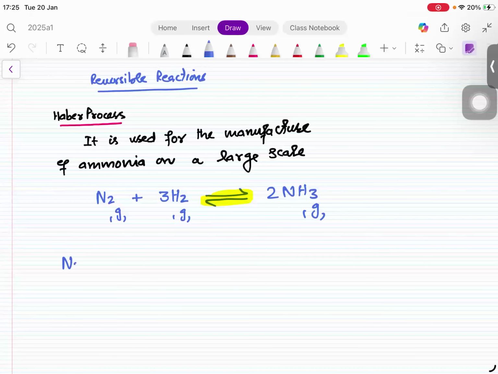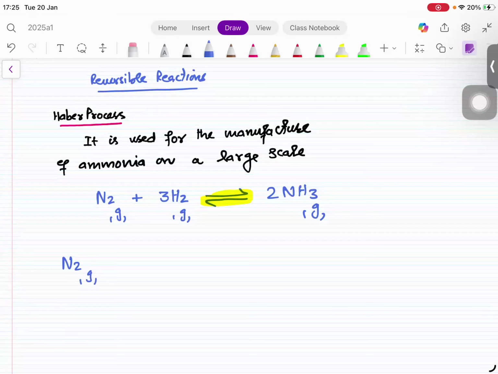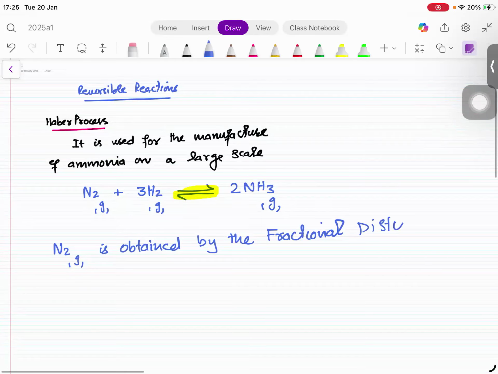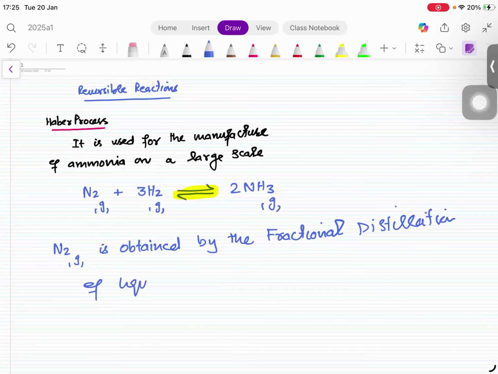Nitrogen is a gas. Nitrogen is obtained by the fractional distillation of liquefied air.